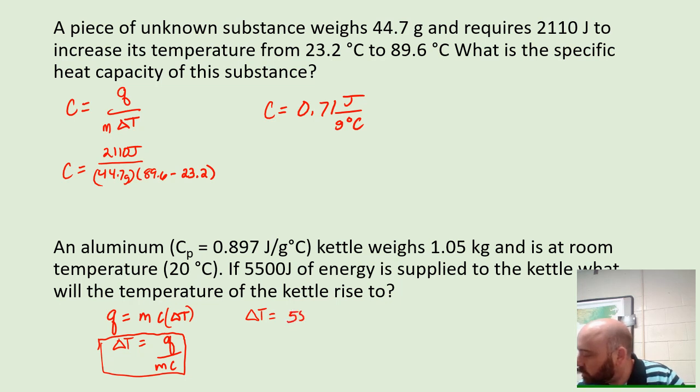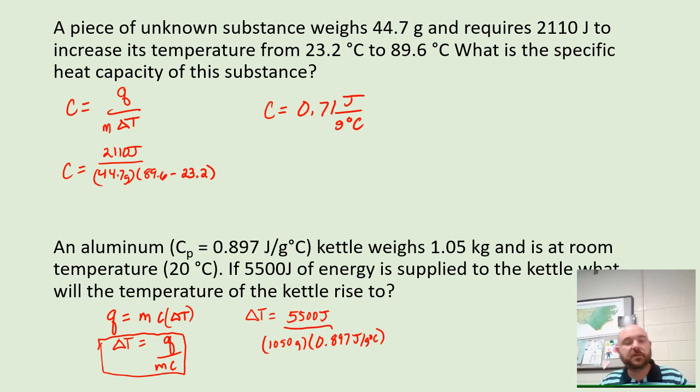5,500 joules. That's the value they gave us for the amount of energy put in. They tell us it's a 1.05 kilogram sample, so we need to convert that to grams. Again, we multiply by 1,000, so that is 1,050 grams. And then the specific heat capacity of aluminum is given to us as 0.897 joules per gram degree Celsius.